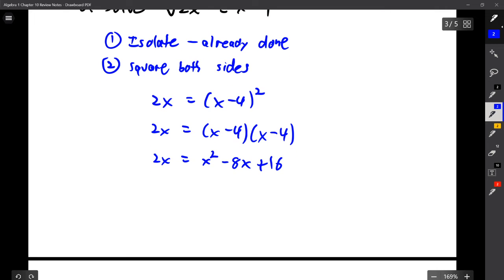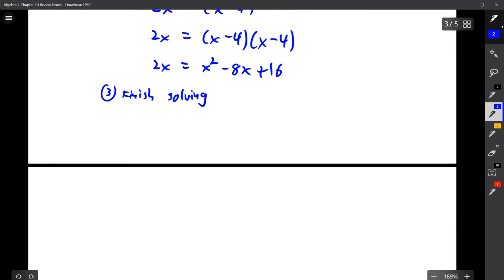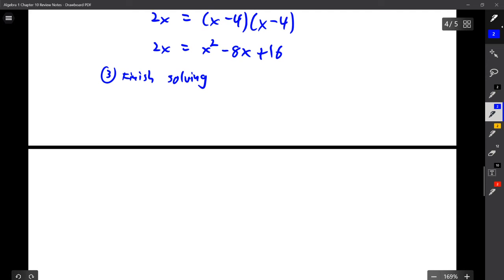And now I need to finish solving. So I have an x squared, so I need to set this up like a quadratic equation with my x squared plus x plus whatever number.